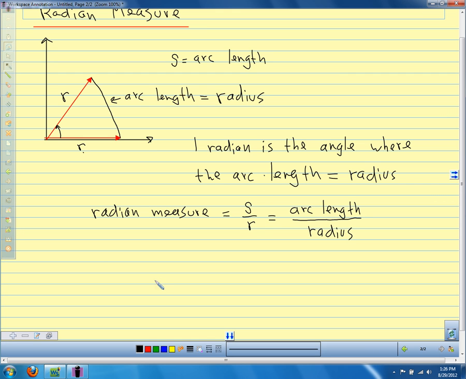The circumference. So if I rotate all the way around the circle, the arc length is the circumference of the circle.